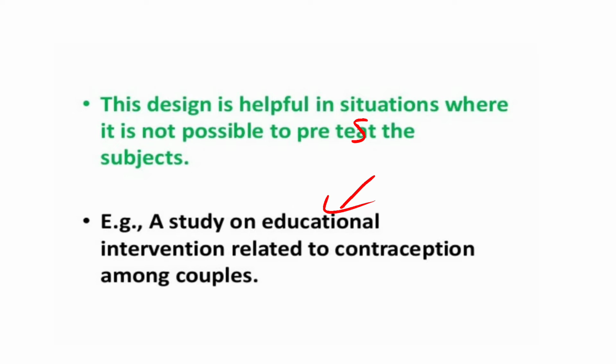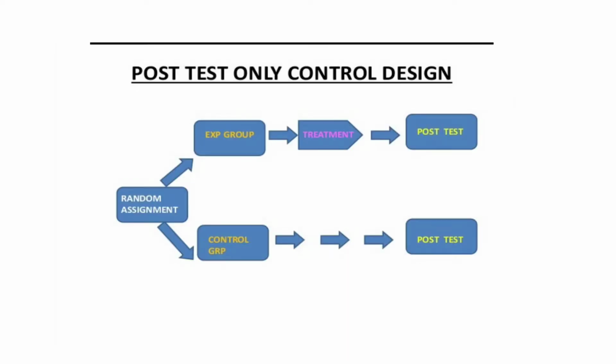Then after giving the intervention to the experimental group, after a period of time you are doing post-test. The post-test is given for both the groups, that is experimental and control group.